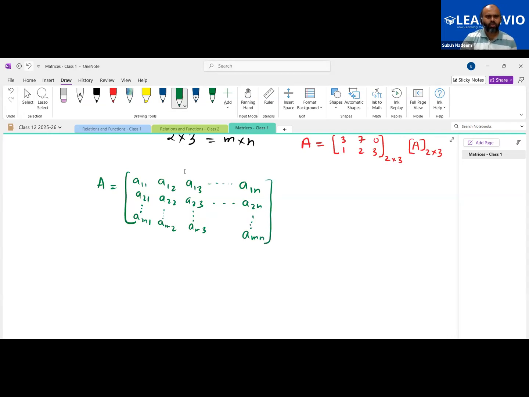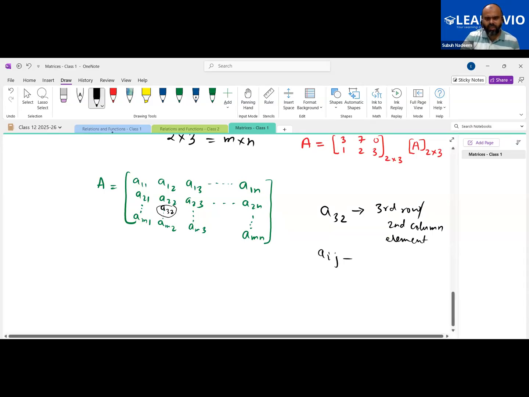So these are the elements. Suppose we are talking about A32, okay, A32 will be an element here. A32 means the third row, second column element. So in general, Aij means the ith row, jth column element.